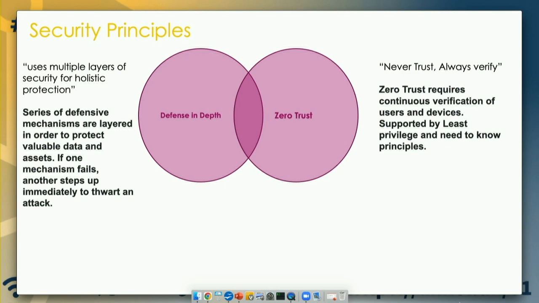In the defense in depth strategy, each layer should have its own set of controls that protect in a different way, which means there should be multiple layers of security for holistic protection. On the other hand, Zero Trust is a security model that assumes no one inside or outside of an organization can be trusted.